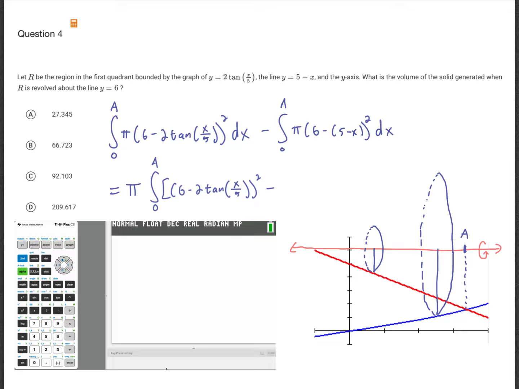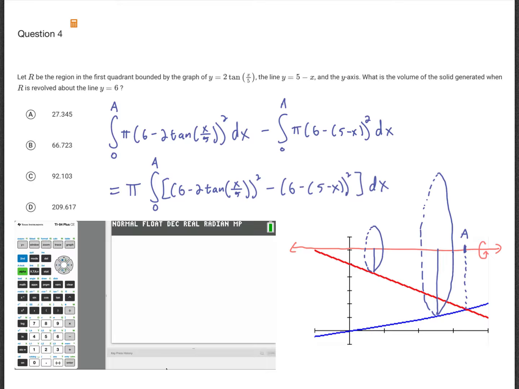Then we can combine it all into one. Notice I took this thing being squared and this thing being squared and put them into one subtracted expression, because they were subtracted before. Okay, so that's the hard part.